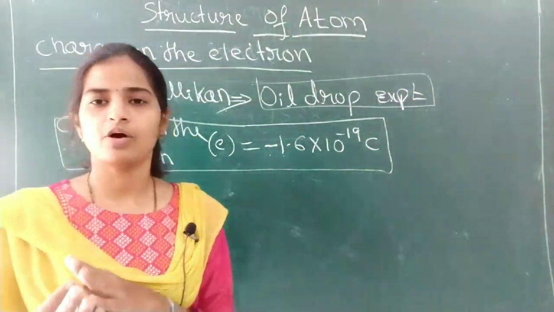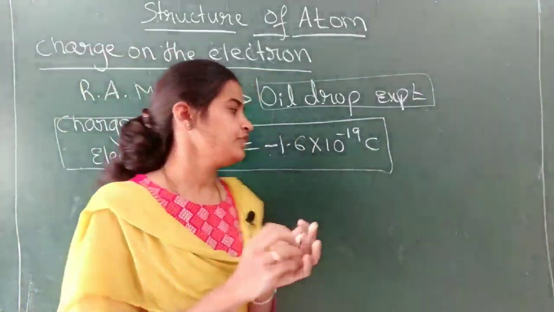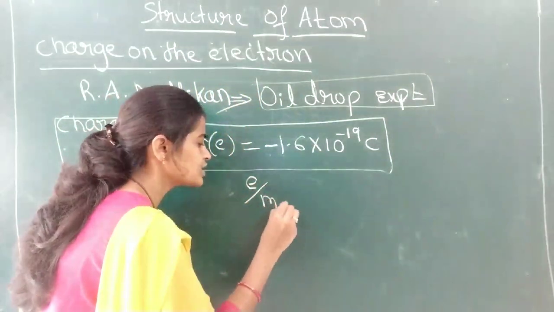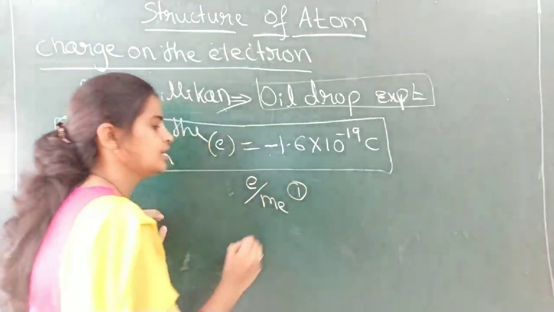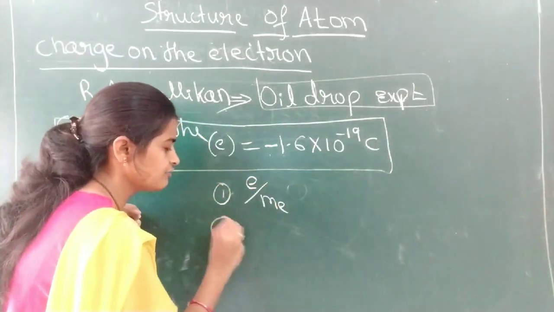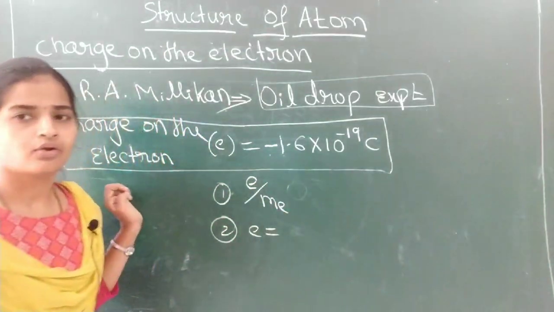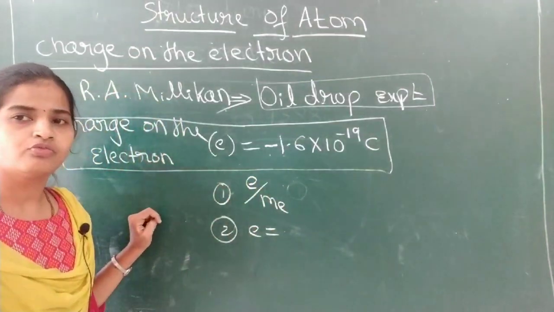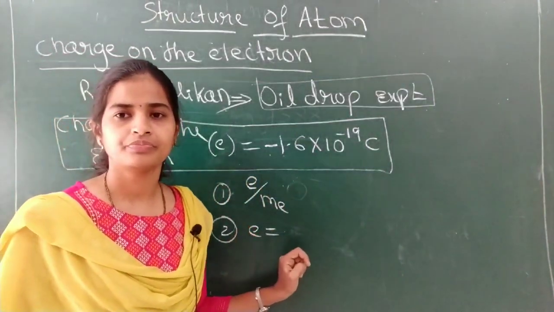Okay, now what information do we have? We know the charge to mass ratio of an electron. This is one piece of information, and the second is the charge on the electron. By using these two, can we find out the mass of the electron? How?